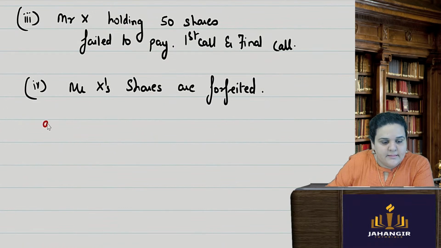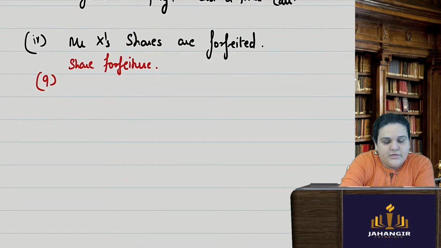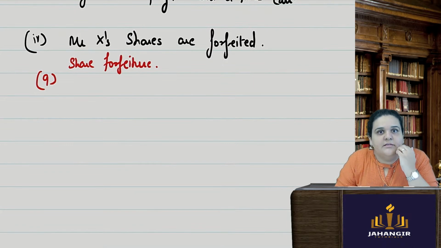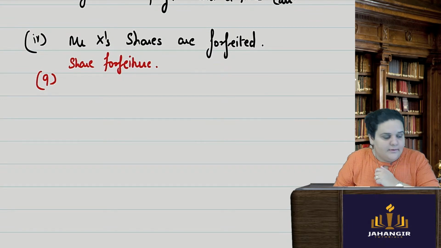I pass my 9th journal entry, which is of share forfeiture. In the share forfeiture, I am cancelling the shares. When I was receiving the shares, I was crediting equity share capital. But when I'm going to cancel it, I'll debit the equity share capital.